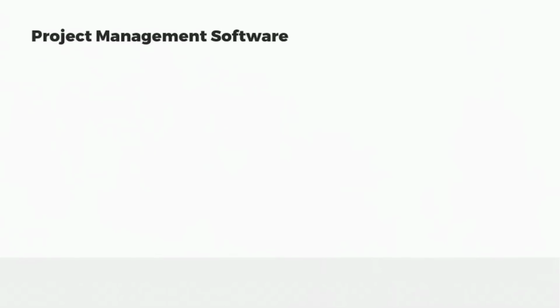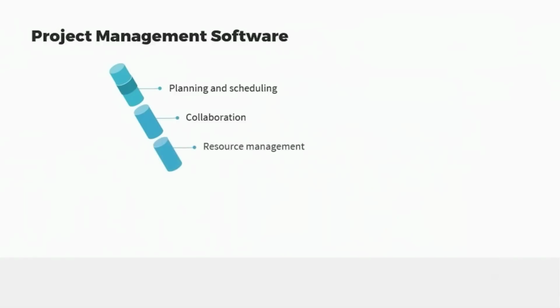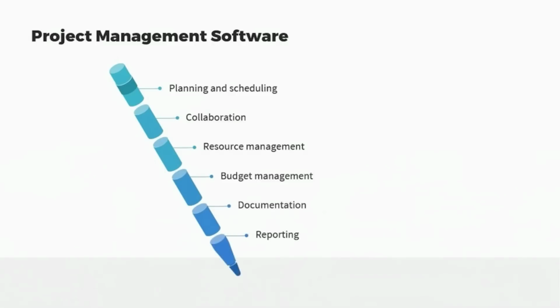Project management software should typically include features for planning and scheduling, managing collaboration and teams, resource management, budget management, documentation, and reporting. Now, while most project management applications would include these features, another consideration is whether your application is capable of integrating with other business applications, such as the financial application, which could be especially helpful for budgeting.